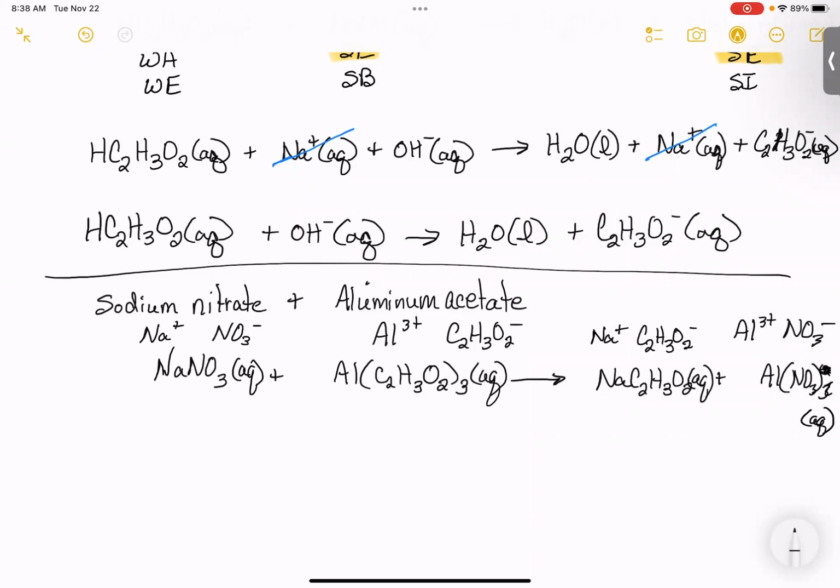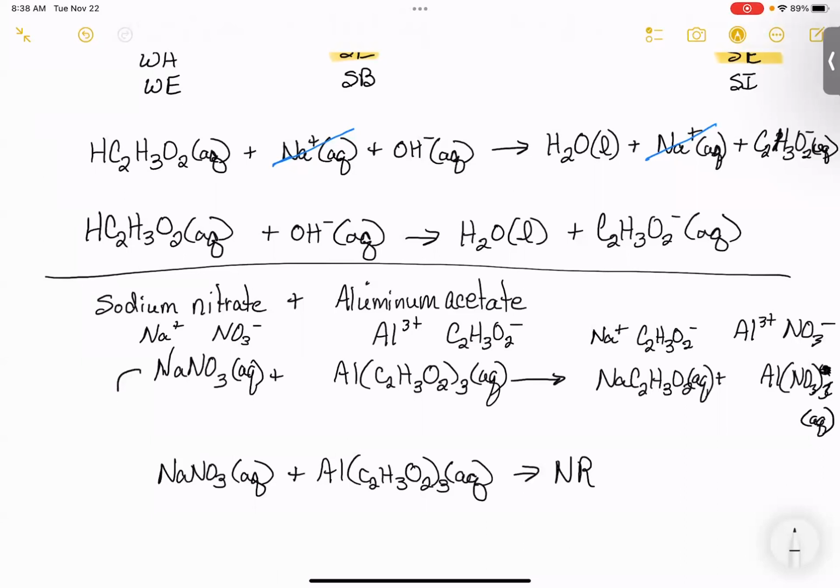You have to predict the products to make sure that there is not going to be a reaction. Now, the way you can write it is NaNO3 aqueous plus Al(C2H3O2)3 aqueous goes to no reaction. But until you predict the products, you're not going to know whether there's no reaction.